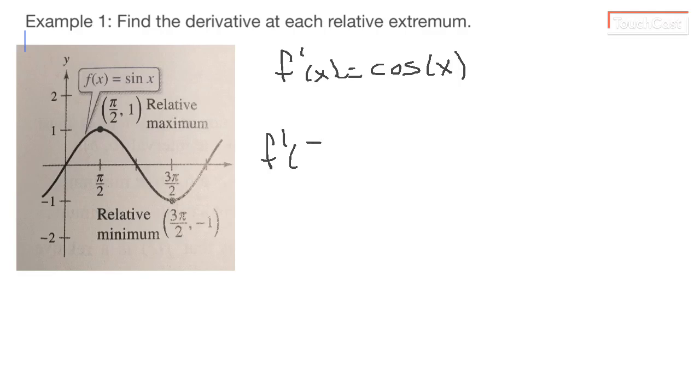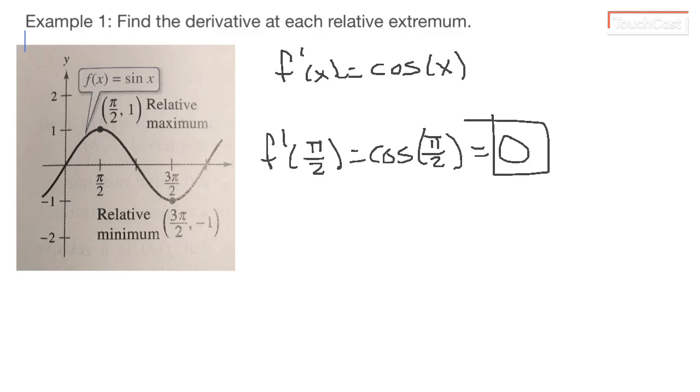F prime at pi over 2 is going to be cosine of pi over 2. And using our unit circle or just plugging this into a calculator, we'll find that cosine at pi over 2 is 0. So we found one value.